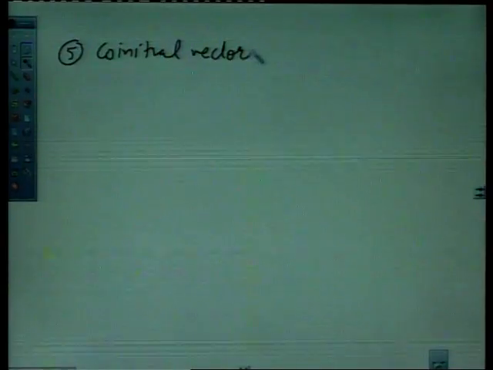Now next we come to the co-initial vectors.